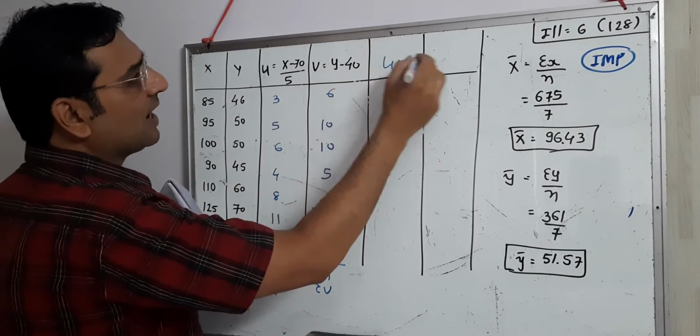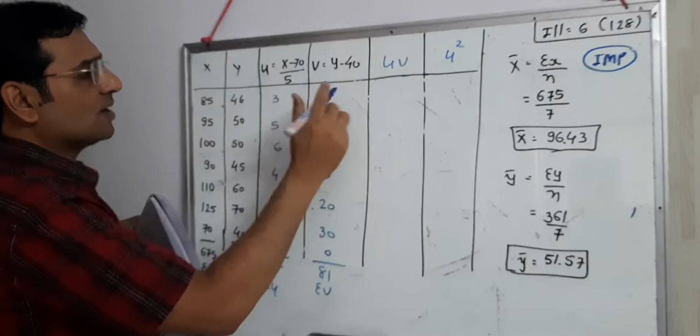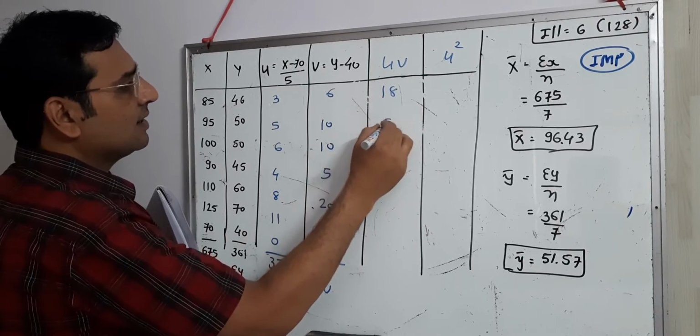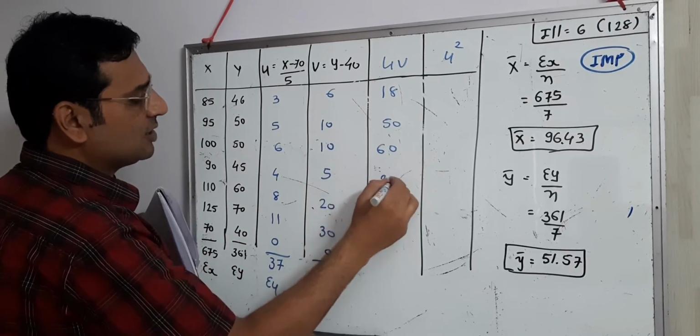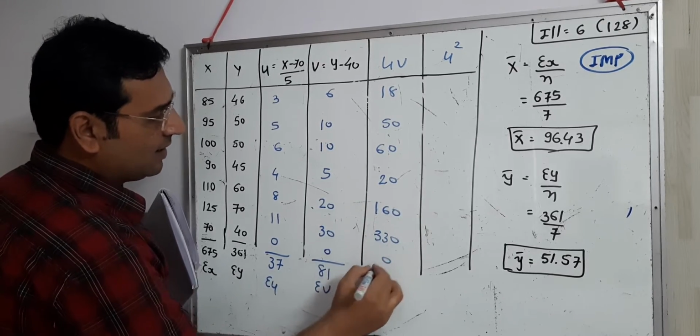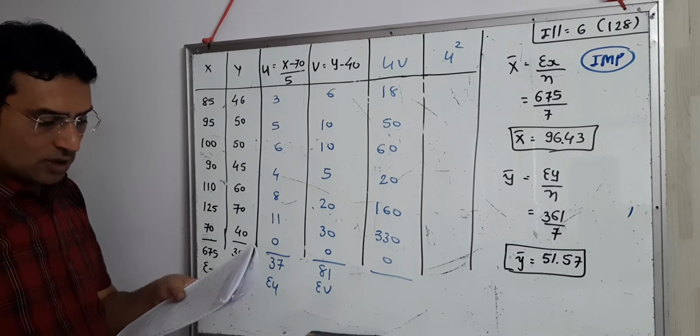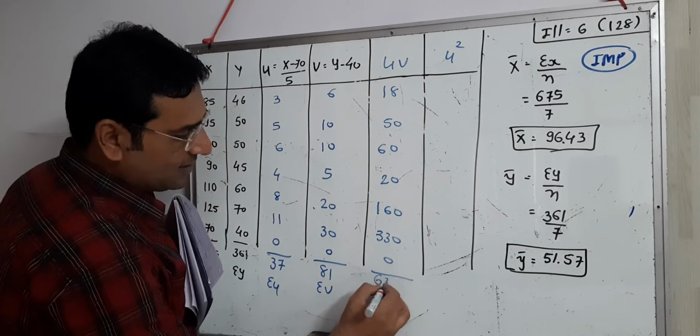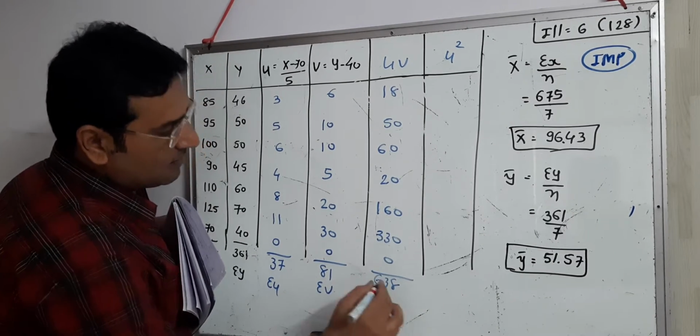The next columns are regular: UV and U square. So 6 3s are 18, then 50, 60, 20, 160, 330 and 0. So the total is 638. This is sigma UV.